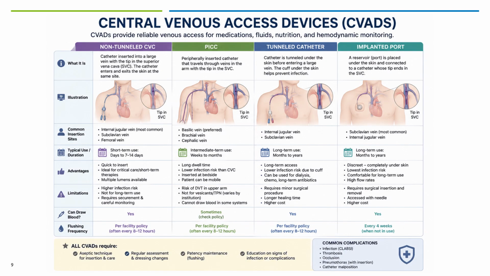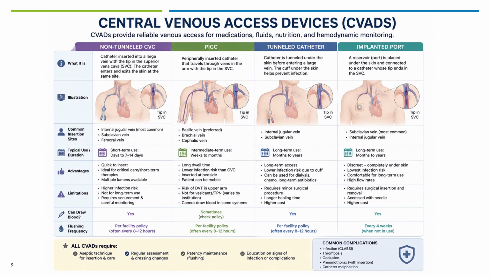Now we're moving from peripheral access to central venous access devices, or CVADs. Unlike a peripheral IV or midline, all central venous access devices have one thing in common. The catheter tip ends in the superior vena cava, just above the right atrium.